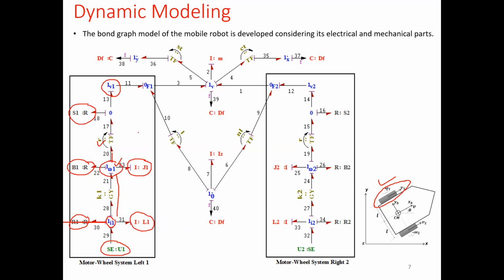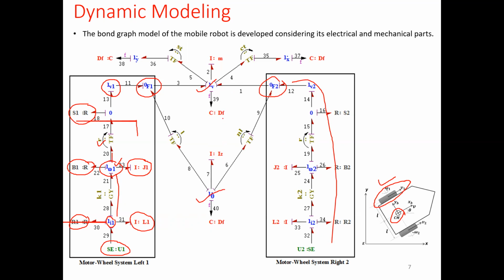And due to the dynamics of the left wheel, we get the force F1 generated by the left wheel. Similarly, from the right wheel, we get the force F2. These F1 and F2 forces are transferred to the center of mass of the robot, where the linear velocity and the angular velocity of the robot are considered.